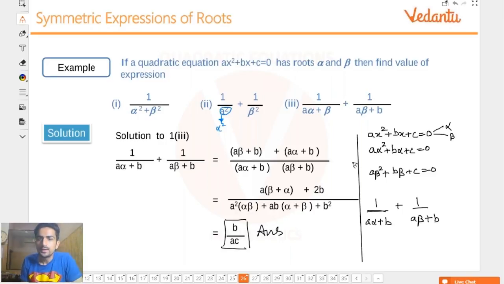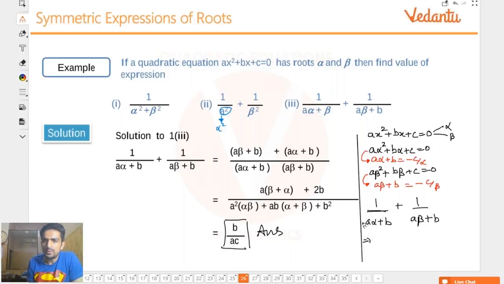Okay guys, can you see that from here I can write A alpha plus B as minus C by alpha. Take alpha common from the first two terms, take C to the right hand side and cross multiply by alpha. And here also I can write A beta plus B as minus C by beta. So just substitute these values here.